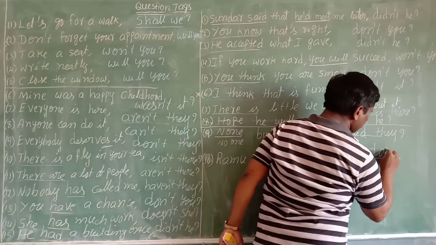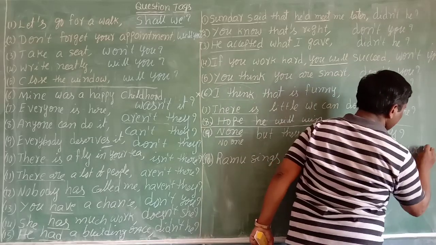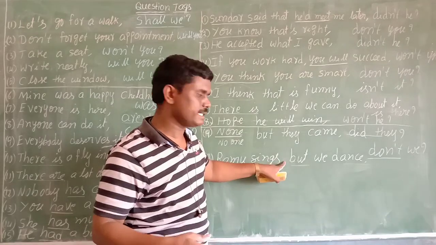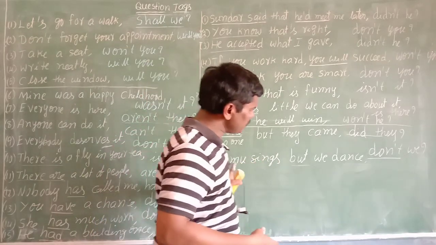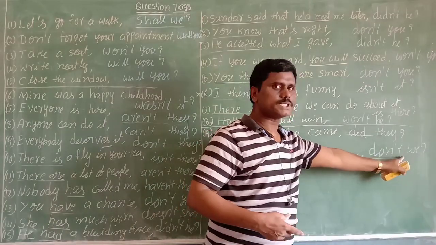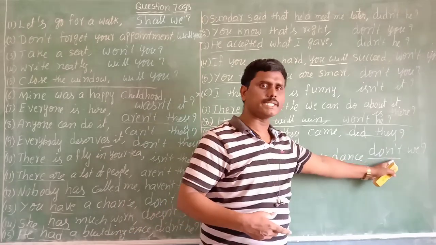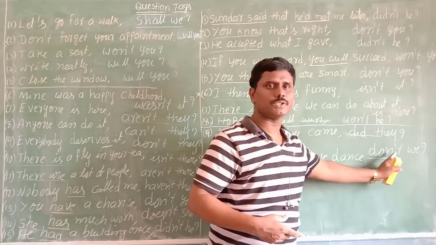No negative word. So don't we. For example, if the dash is given for the first clause, the question tag is doesn't he. If the question tag is for the total sentence, it is very near to this clause. That's why we apply the question tag to this one. We dance. The correct answer is don't we.